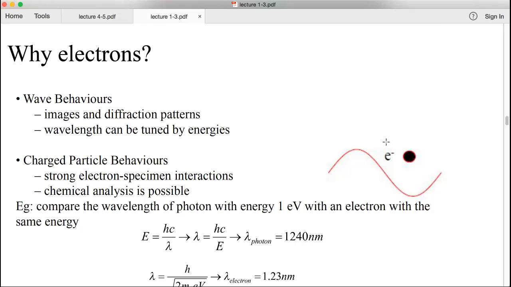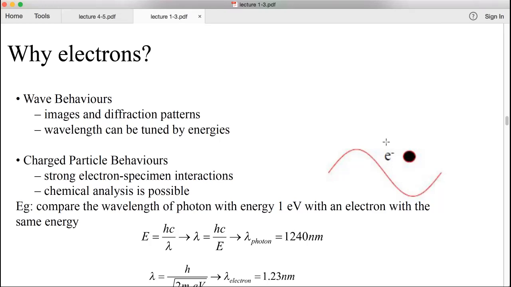And because they have wave behavior when accelerated, they can produce images, and they can produce diffraction patterns, and we can tune the wavelength by tuning the energy, right? And it's a charged particle, so there will be a strong interaction happening between the electron and the specimen.